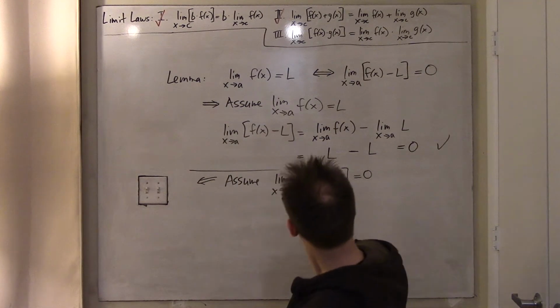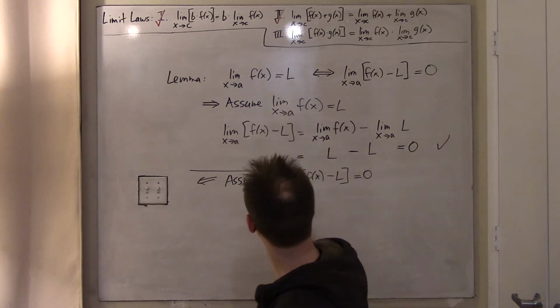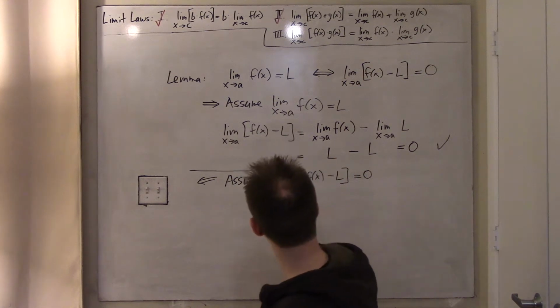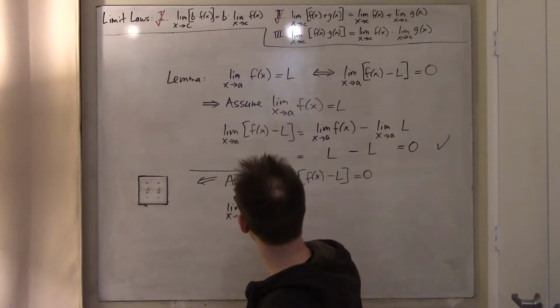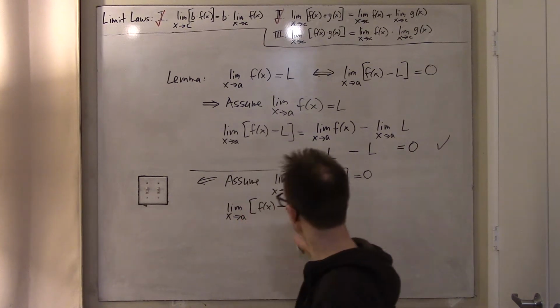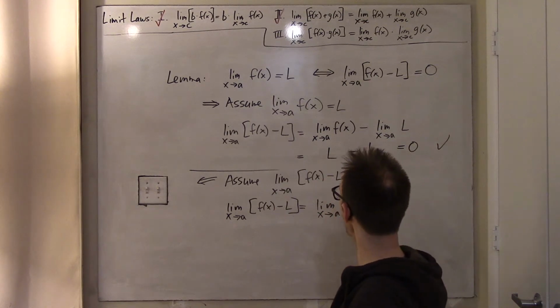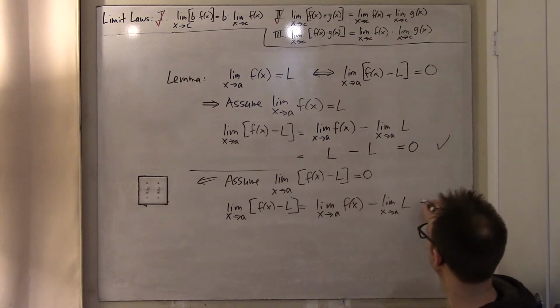Once again, I will apply the previously proved theorem, number 2, that the limit of the sum is the sum of the limits. So what I know is that the limit as x approaches a of f of x minus L is the limit as x approaches a of f minus the limit as x approaches a of L. But also, I've assumed that this is 0.